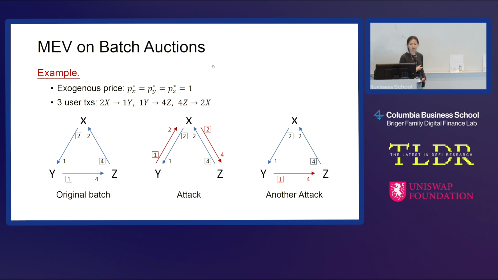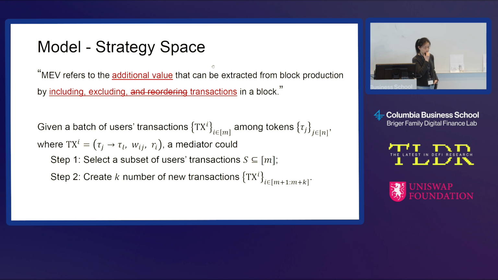Okay. To answer this question, let's first formally define this problem. Recall that MEV refers to the additional value gained by including, excluding, and reordering transactions. And in the batch auction setting, you may realize that the sequence doesn't matter. So we can ignore this reordering strategy.